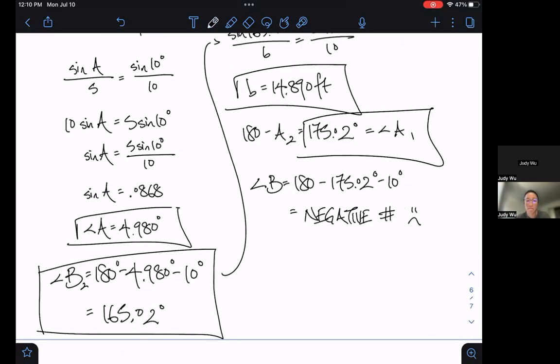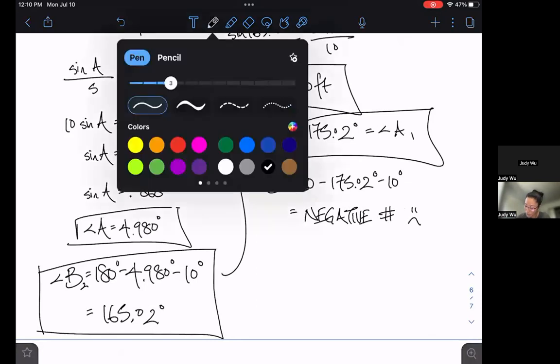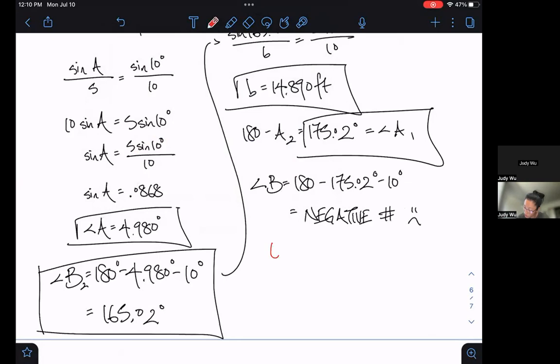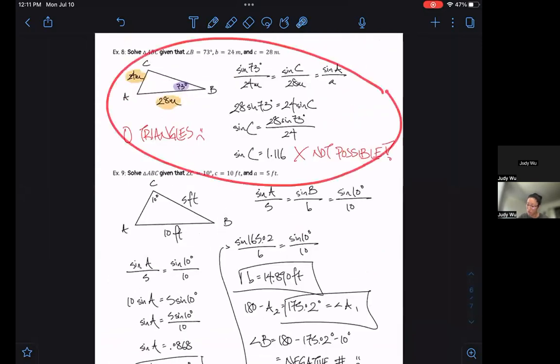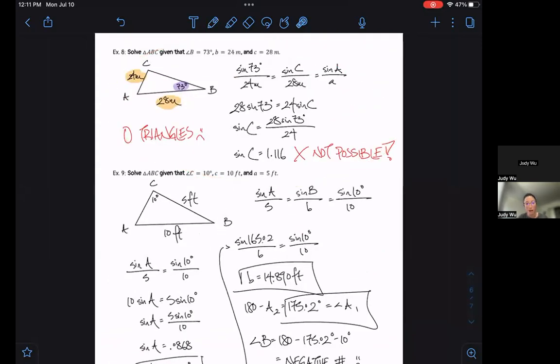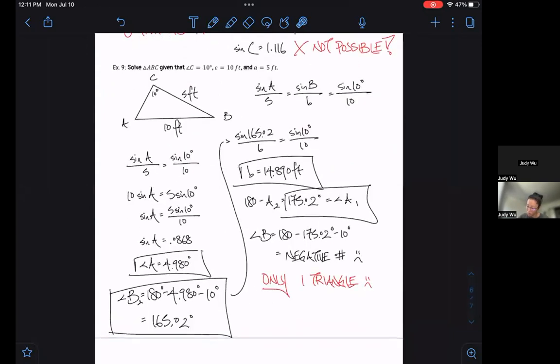That's pretty sad when we can't have a negative angle inside of a triangle. So when we get to this place, we know that there's only one triangle. Okay, there's only one triangle, because even though we didn't get stuck where we did for the 0 triangles, where we had a sine that was not possible, we worked through and we could find one, but as soon as we tried to find the second triangle, we got a negative angle, and that can't happen.